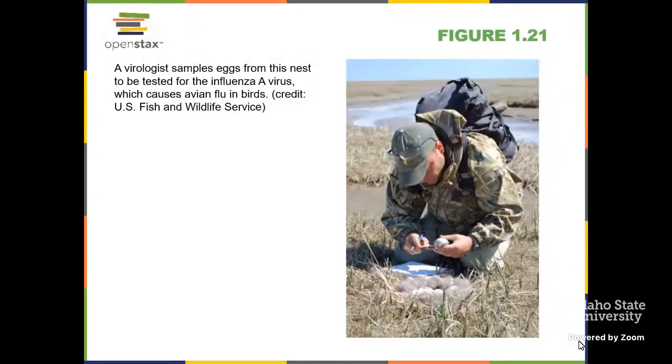Okay, and lastly, I knew I was getting close to the end. Here we've got a virologist looking for influenza A virus, which causes avian flu, bird flu, and this is something, you know, it's an older image, but this is something we're dealing with right now.